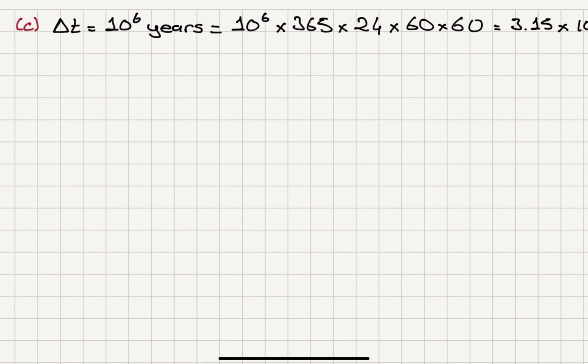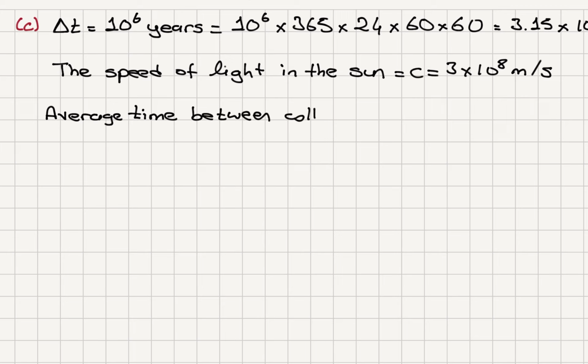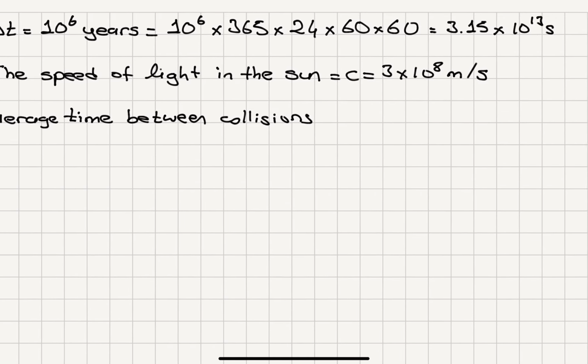For the speed of light in the sun, we're using the speed of light in vacuum, which is c, 3 times 10^8 meters per second. The average time between collisions, between Compton scattering events, that's the time a photon has before it goes through the next scattering event.